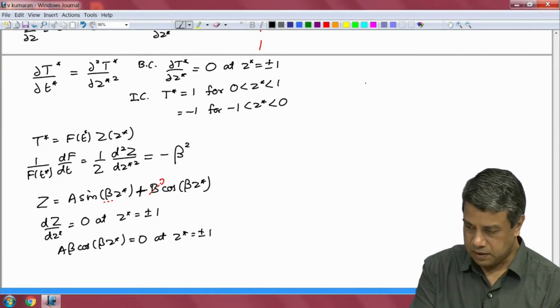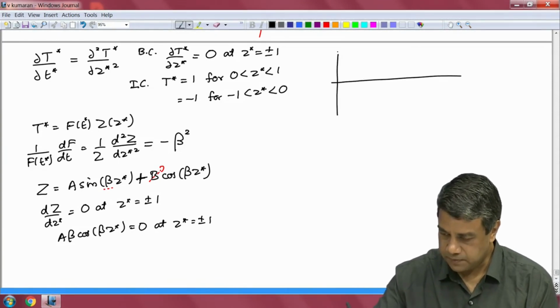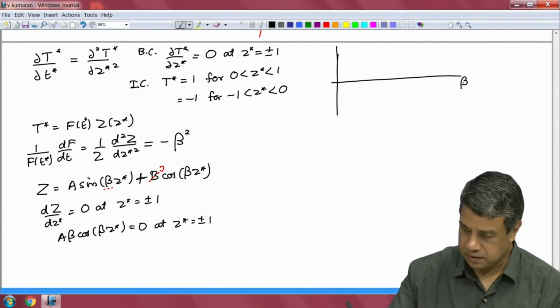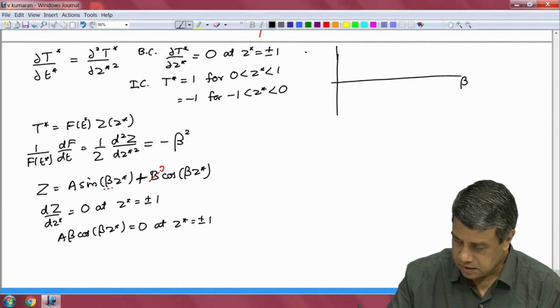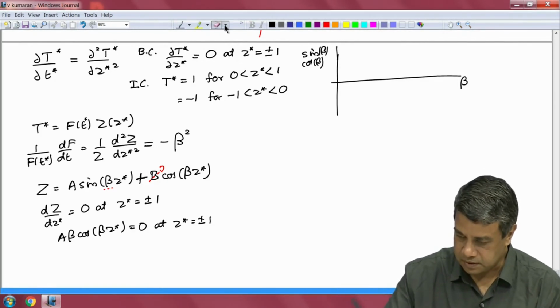So, if I plot the sine and cos functions as a function of beta, let me use different colors there.